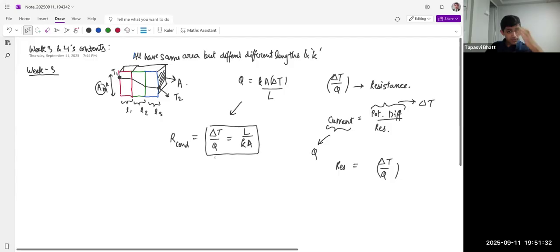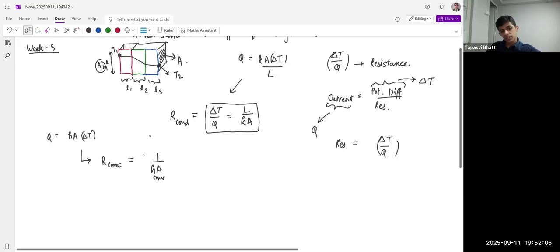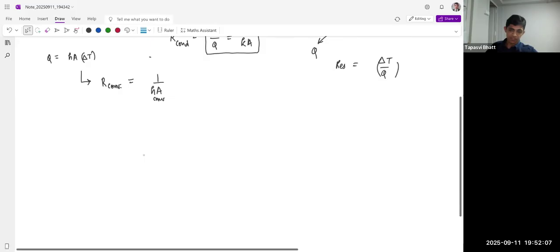Similarly, you can write the convection heat transfer equation as well. It is Q equals H A delta T. So what will be the resistance for convection? R convection is 1 over H A. H here is H convection, because we are not discussing radiation here, so H here is convection only.